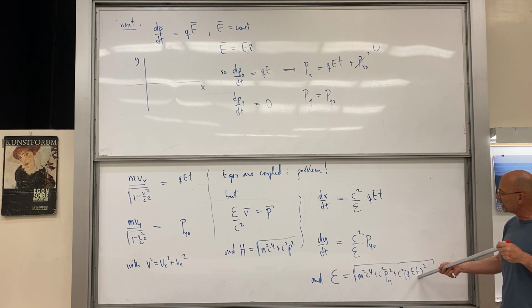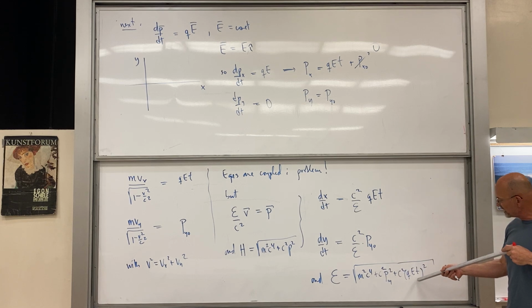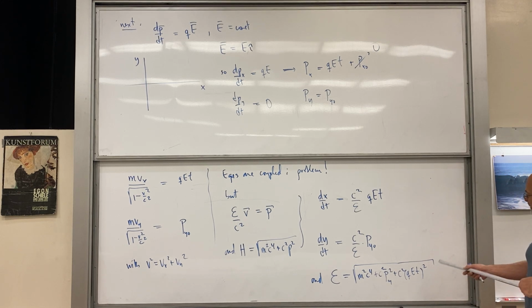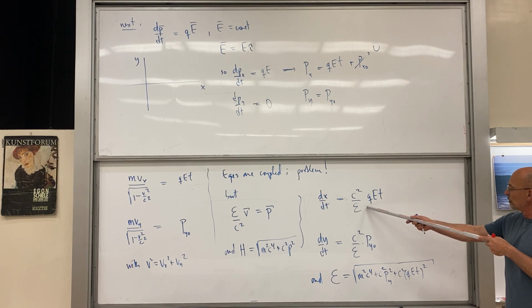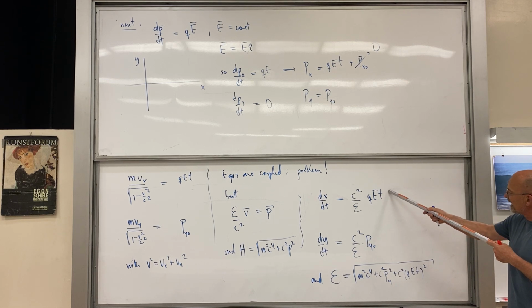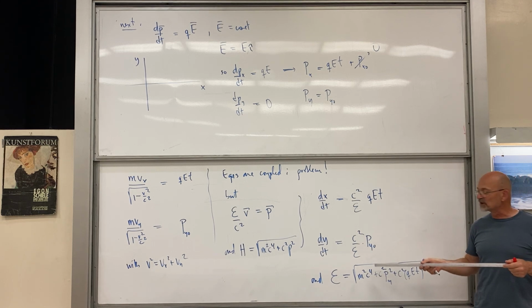This is simply an expression for the relativistic energy of this particle at time t. Because it's explicitly a function of time, when we put it in here, we will have two expressions, explicitly functions of time, that we can just integrate up.